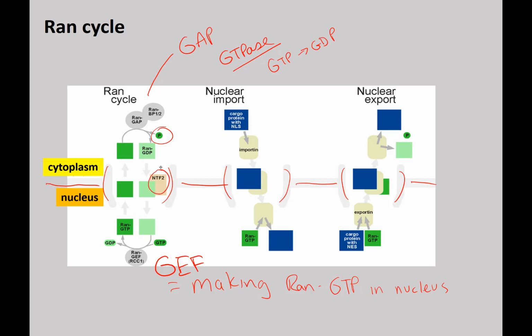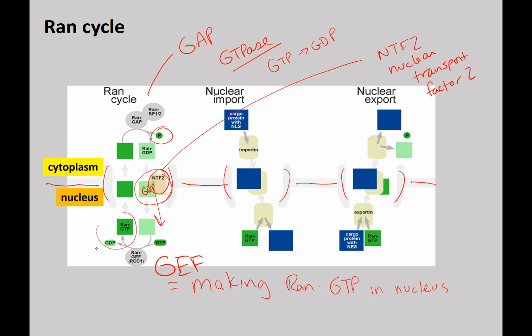And then the last protein to note here, NTF2, which is nuclear transport factor 2. This guy binds RAN-GTP and shuttles it back into the nucleus. So, did I say GTP or GDP? Okay, it binds RAN-GDP.